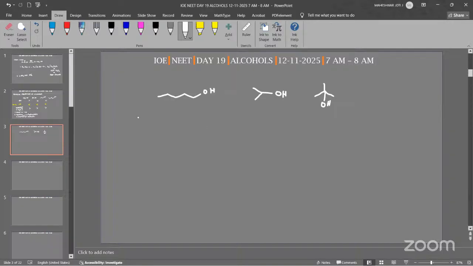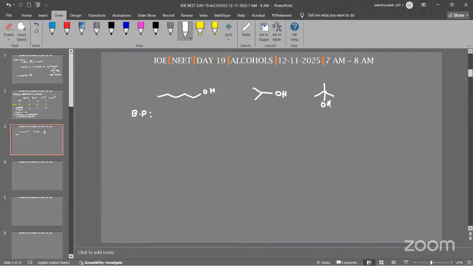If number of branches increases, how does boiling point vary? See, boiling point is directly proportional to surface area. So in normal compounds without branches, surface area would be more, intermolecular attractions would be more, so boiling point would be more.